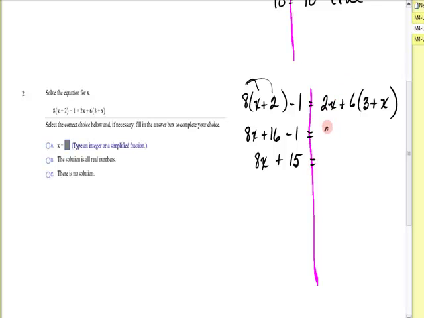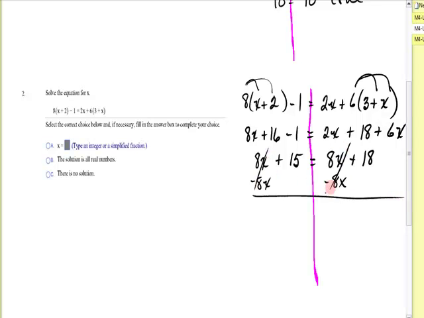On the right side, bring down the 2x. Distribute. 6 times 3 is 18, and 6 times x is 6x. Combine like terms. I have 8x plus 18. Now, I have variables on both sides. When I try to eliminate one of them, I end up eliminating both of them, and I'm left with 15 equals 18, which is false. That's not the answer, but that's an indicator that there is no solution.